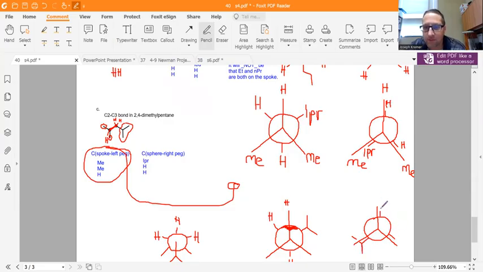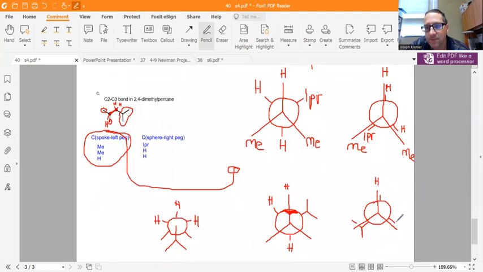Nice, huh? Well, not too bad. Have to pay attention to what I'm doing. Does my spoke have two methyls? Yes. Does my sphere have two hydrogens? Yes. That's good. That's not too good, huh?